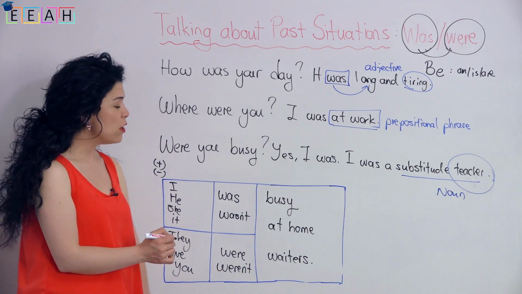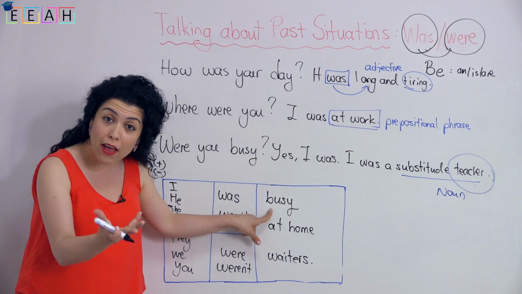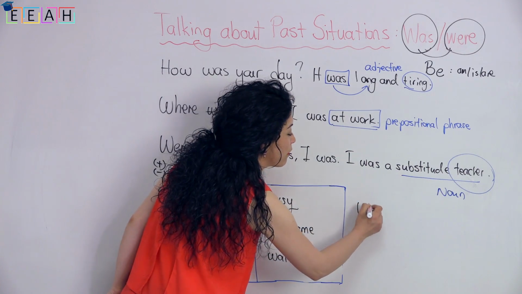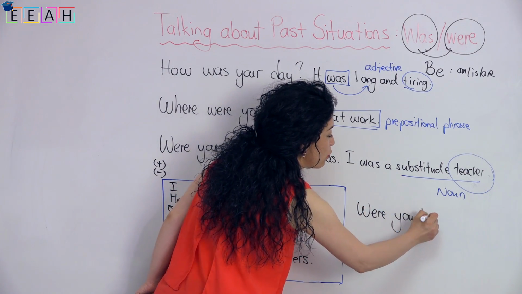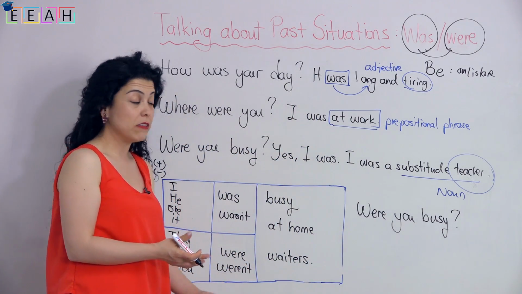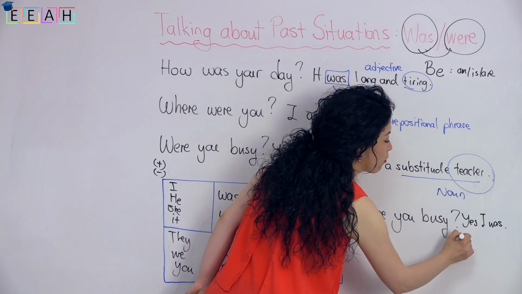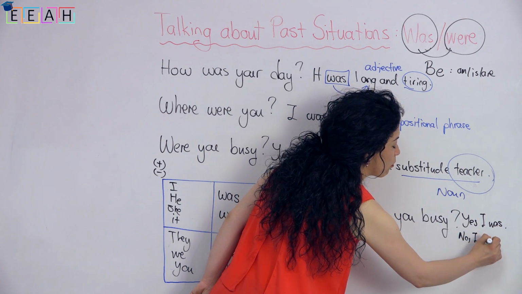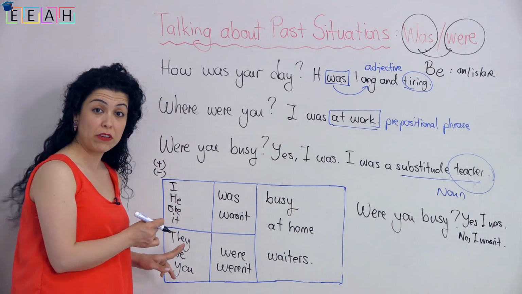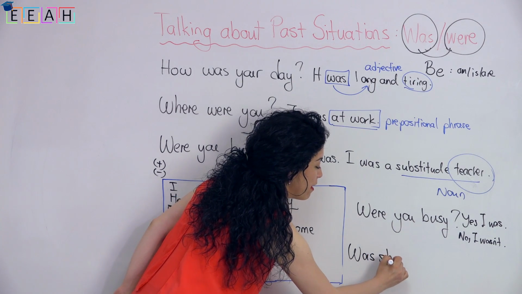Weren't. Right, what about a question? You want to ask a question, okay? Busy, you want to ask your friend. Busy, so you say, were you busy? Were you busy? Your friend says, yes, I was, or no, I wasn't. Now, you want to ask a question with one of these subjects, so you say, was she at school?